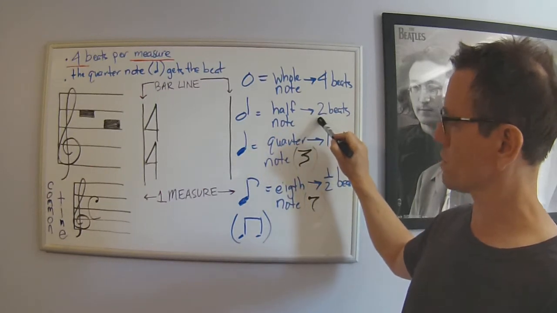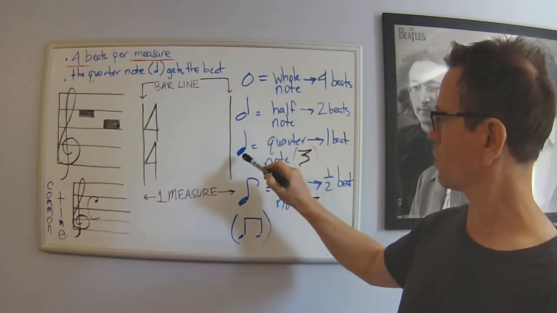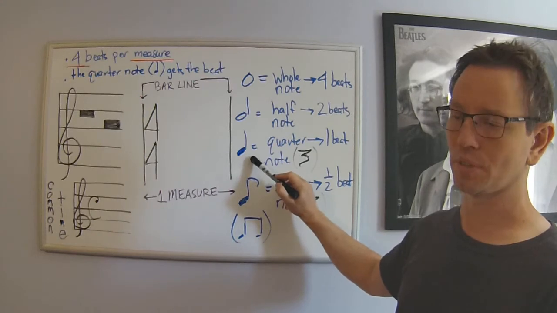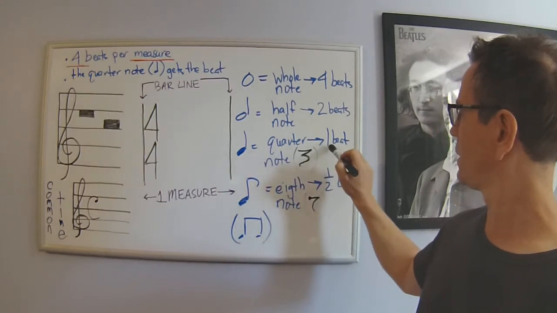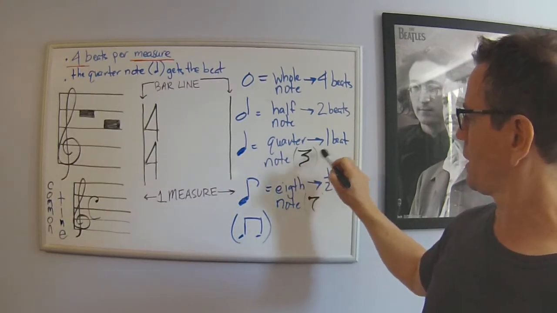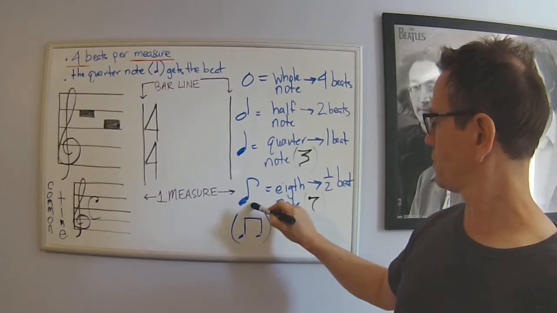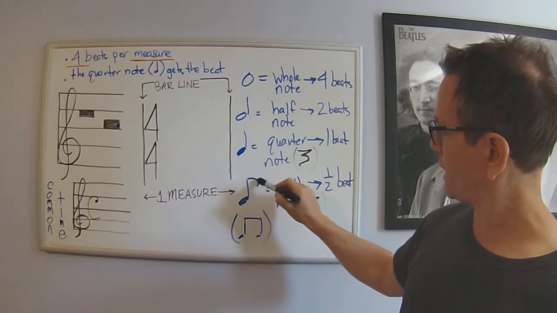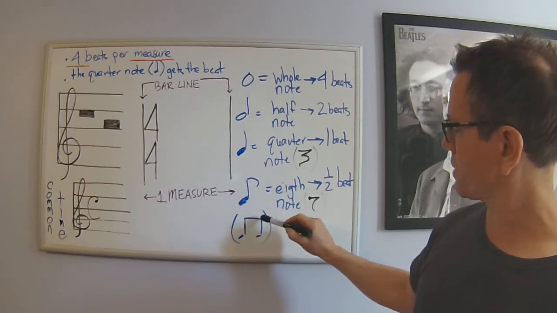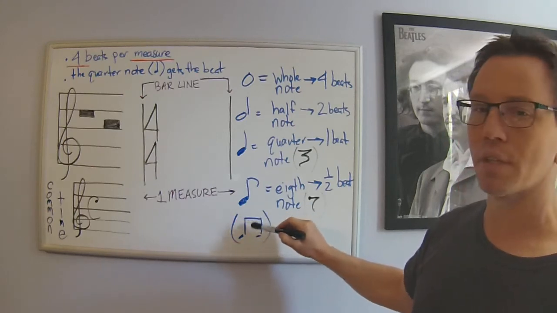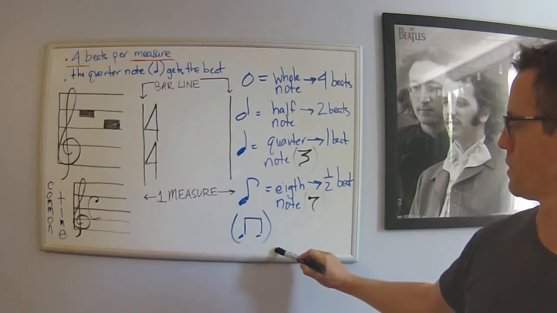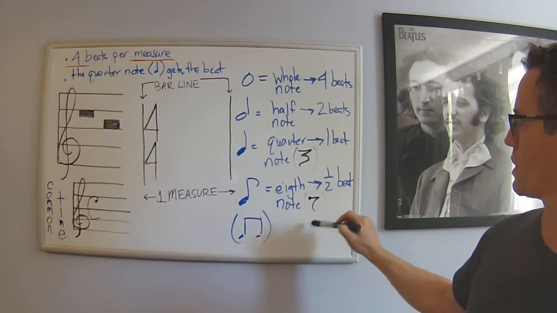That will get 2 beats. A quarter note is a circle colored in. That'll get 1 beat. And an eighth note has this little flag on the end of it, or if they're written together, they'll have that stick across the top connecting the two. An eighth note gets half of a beat.